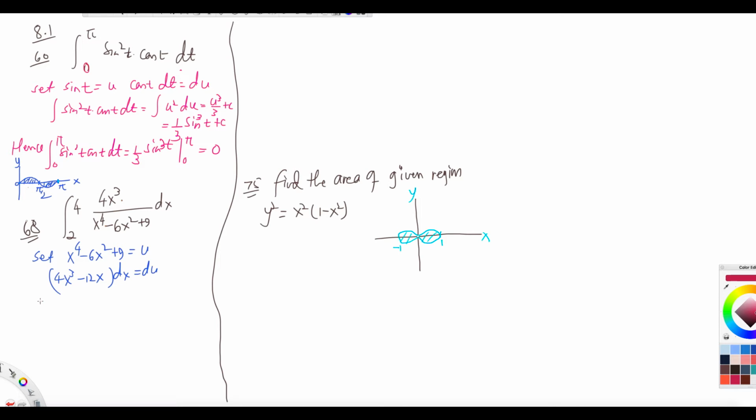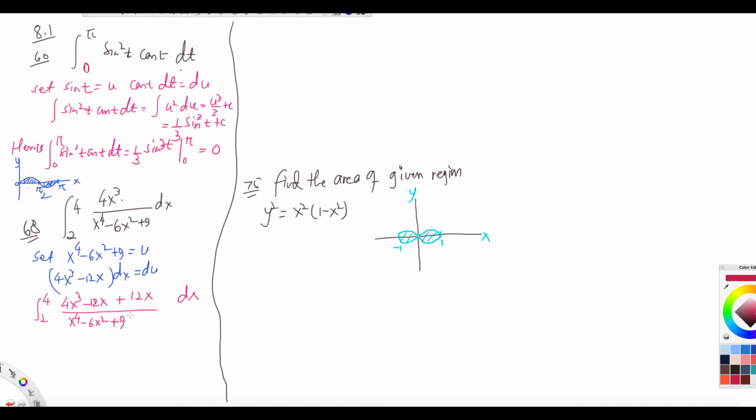So the integral from 2 to 4, I can write 4x cubed minus 12x plus 12x, dx, divided by x to the 4 minus 6x squared plus 9.